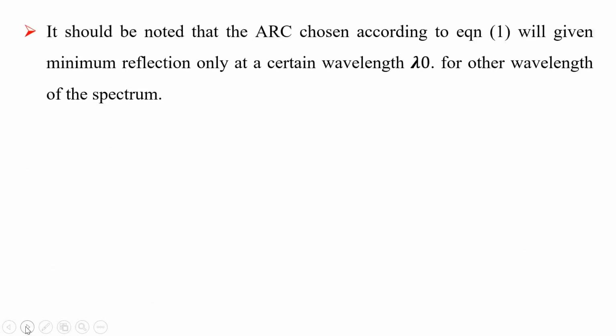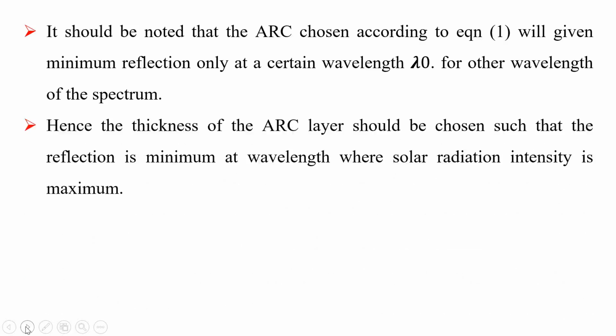It should be noted that the ARC chosen according to this equation will give minimum reflection only at a certain wavelength lambda. For other wavelengths of the spectrum, the thickness of the ARC layer should be chosen such that the reflection is minimum at the wavelength where solar radiation intensity is maximum.